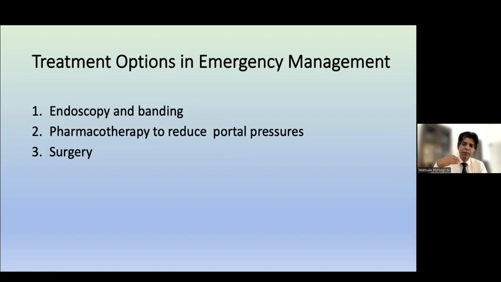So you really need to think about what we are going to do. Unless your head is pre-programmed and planned, you can make errors and have trouble. So there are only three things that we need to think about in emergency management: endoscopy, pharmacotherapy, and surgery. Let's see what we can do.